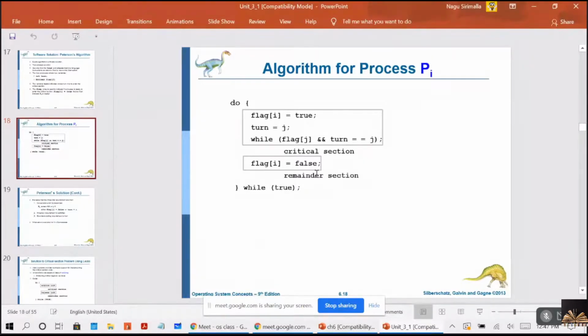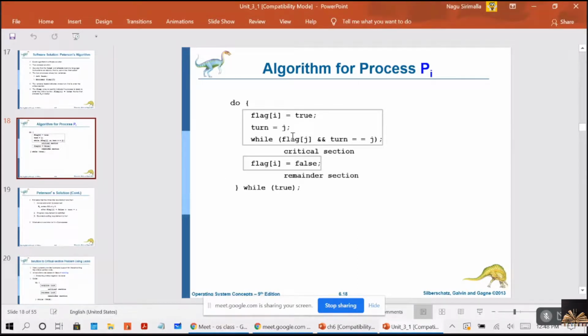Now look here, not only Pi, if Pi and Pj both want to execute the algorithm at the same time, right? Let's consider. Pi is making flag of i equal to true, and Pj is making flag of j equal to true. Both are true now. But Pi is making turn equal to j, because while entering into the critical section, it is making turn equal to j.